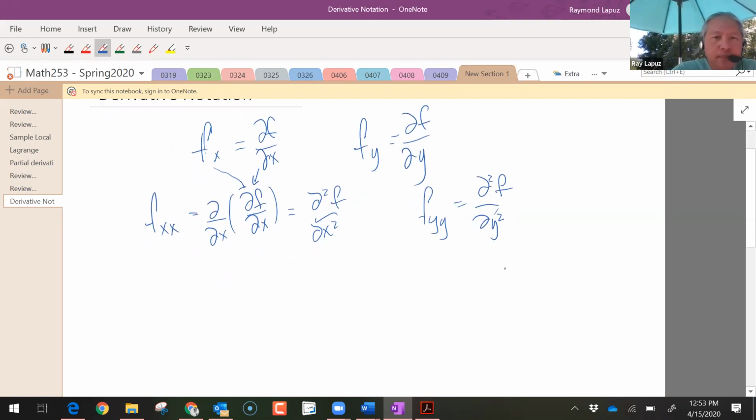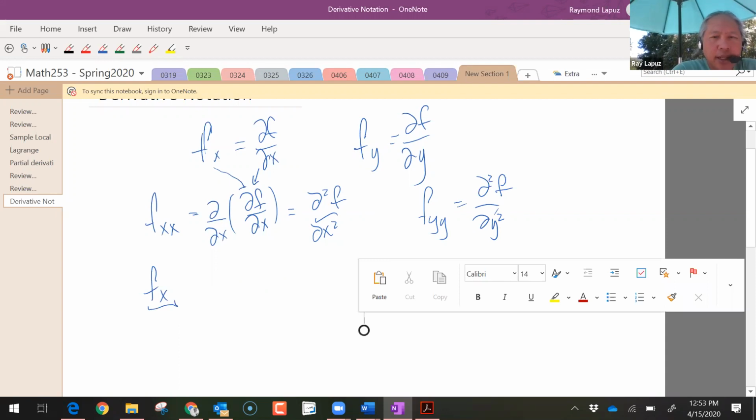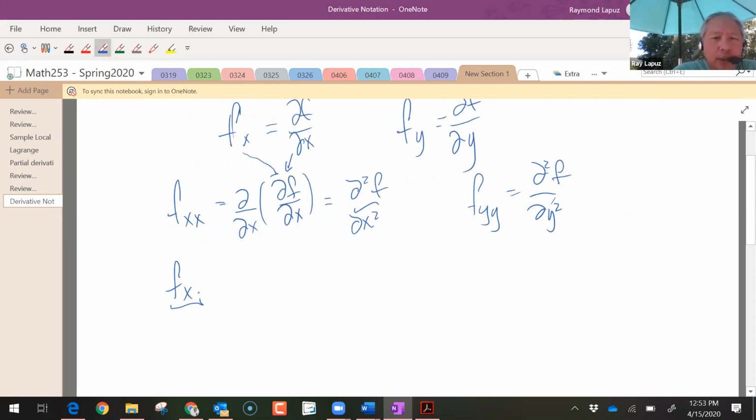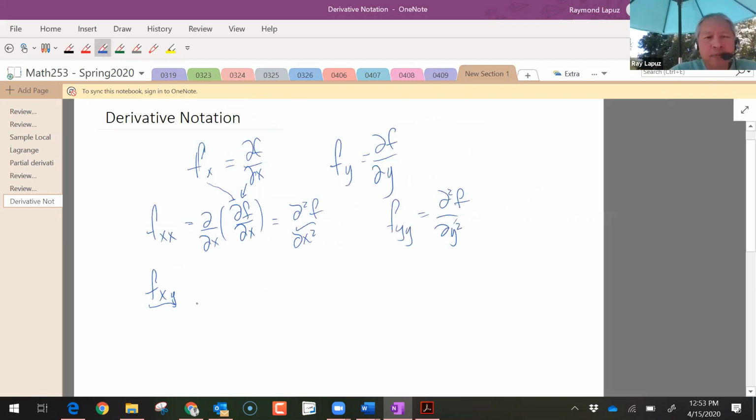But now when you start talking about mixed partials, so this is the derivative of f with respect to x and then with respect to y. So in that order, what you have to think about here is that this is the derivative of f with respect to x. That's the first one. And then you're taking the derivative of that with respect to y.